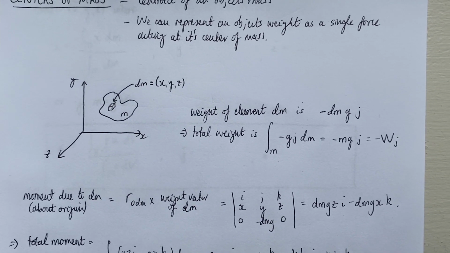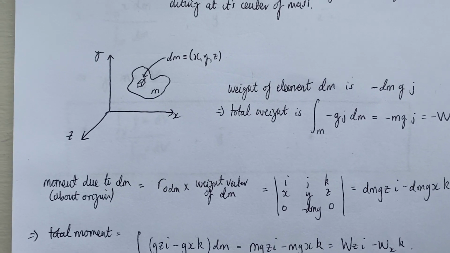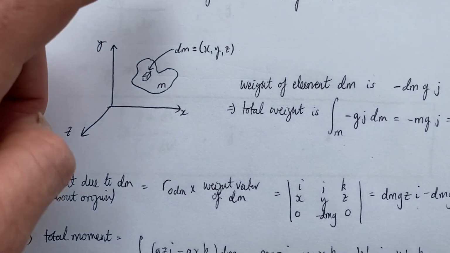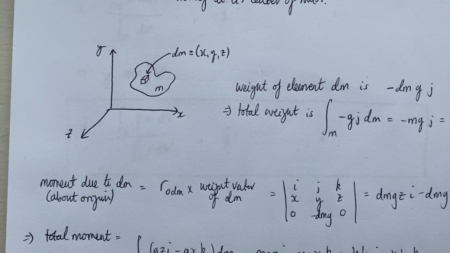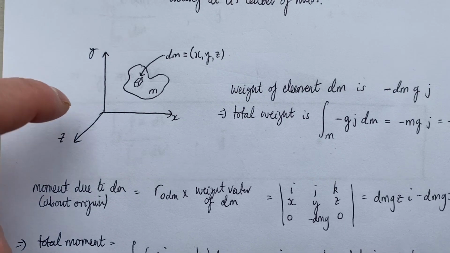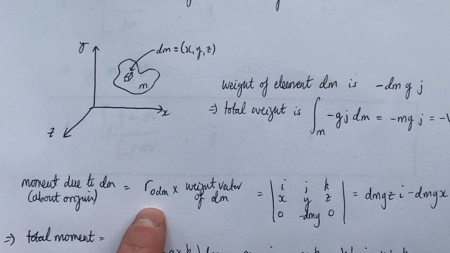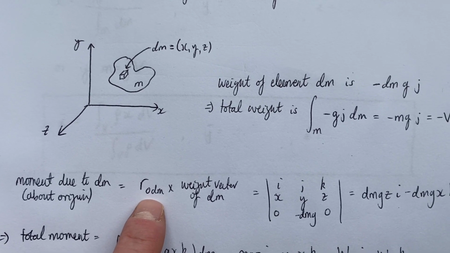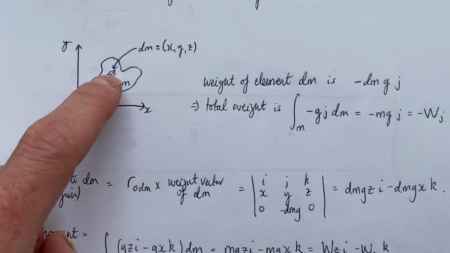The other thing we can do is work out the moment about the origin due to these small pieces. We take the position vector from the origin to the point where the little piece is, r_o dm, and cross product that with the weight vector of the little piece dm.